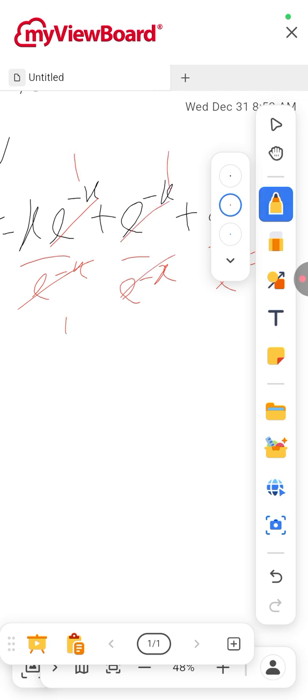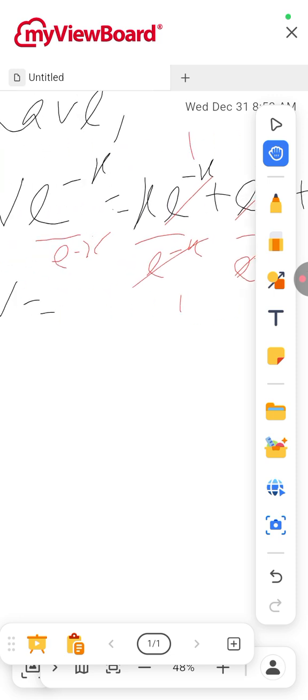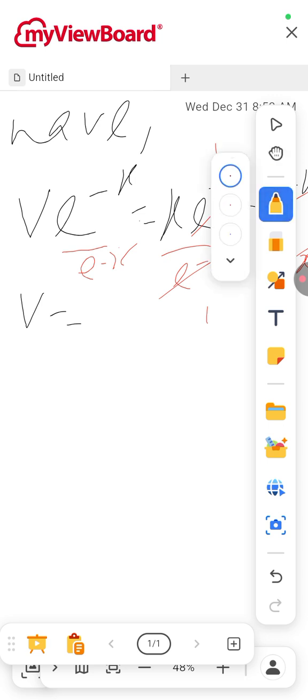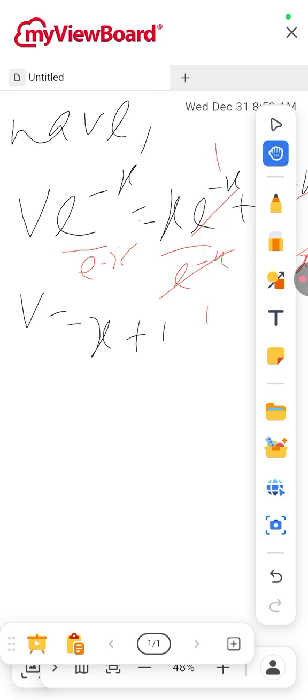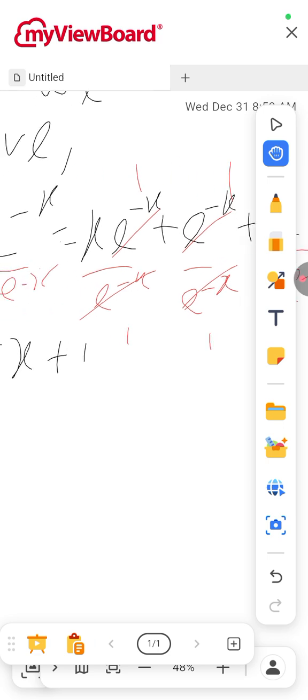This also divides this, that's 1. So what I will have now is that v is equal to x plus 1, then plus what?